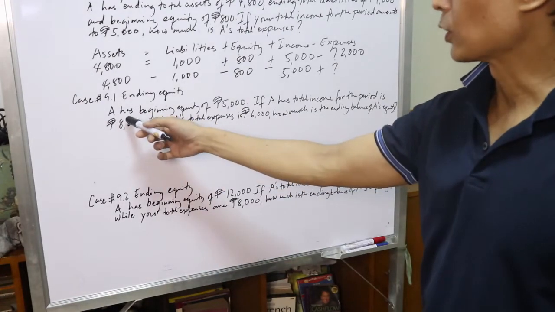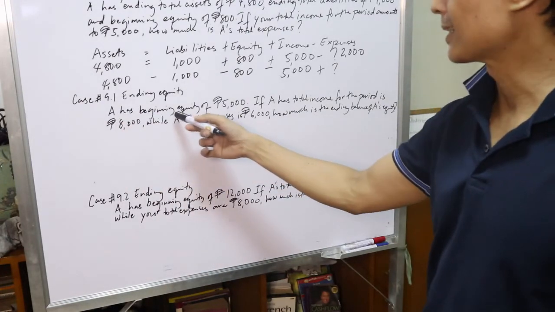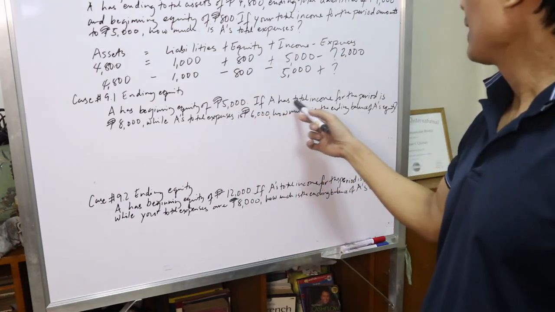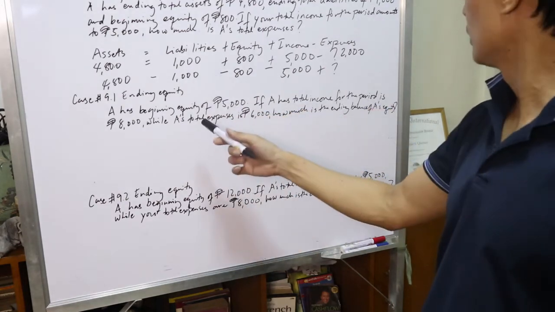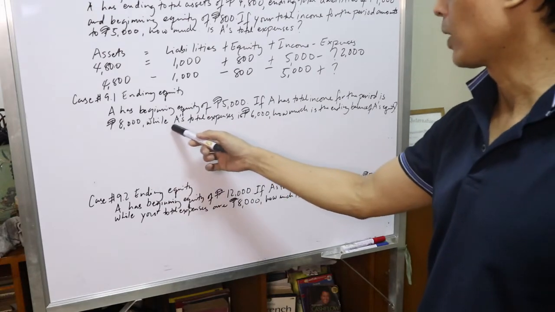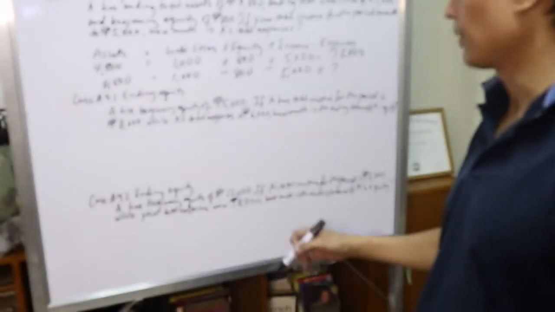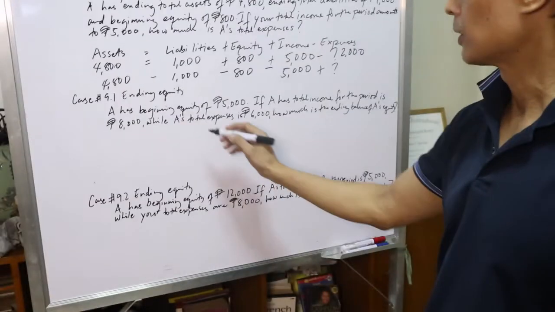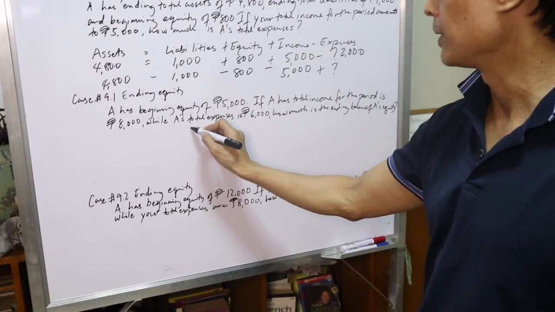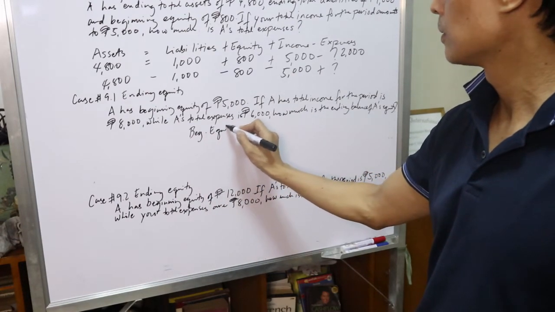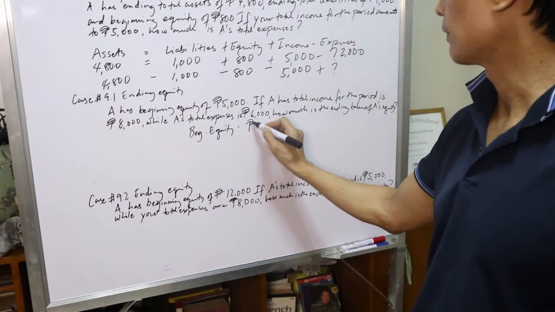Okay, so let's go now here. So A has beginning equity of 5,000. If A has total income for the period of 8,000 while A's total expense is 6,000, how much is the ending balance of A's equity? So, lagay lang natin dito, beginning equity is 5,000.